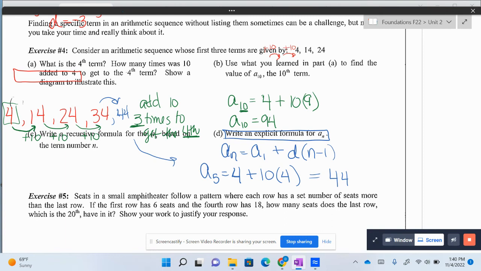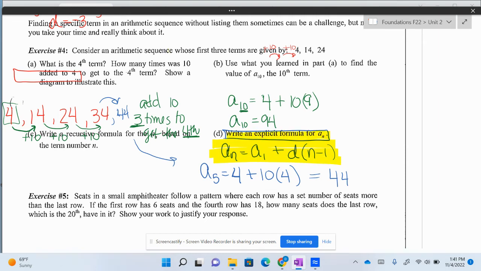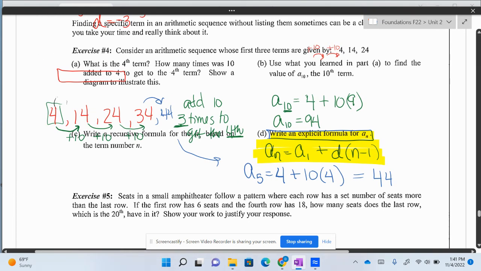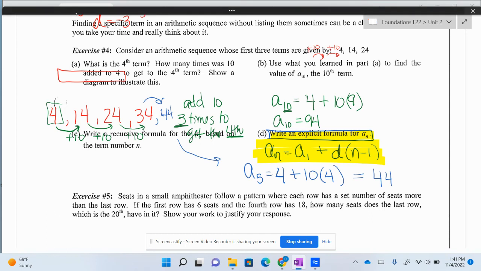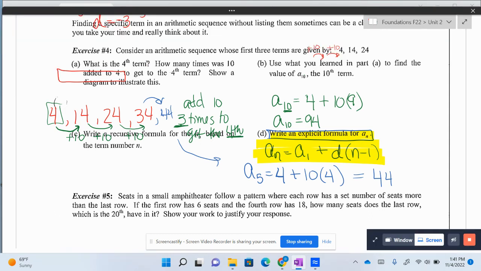So I'm going to highlight the formula that gives you the explicit formula. That's your explicit formula. And you're going to use that today when you're doing your homework. But you still need to know how to write the recursive formula, which is question C. So question C says, what is the recursive formula?